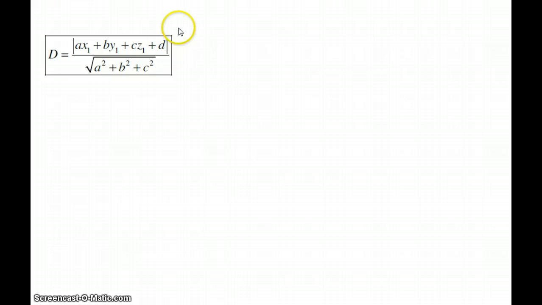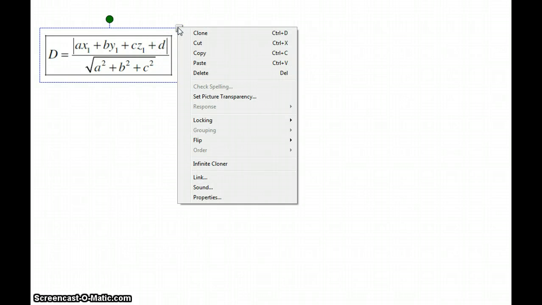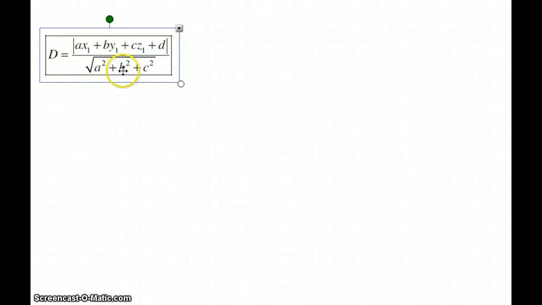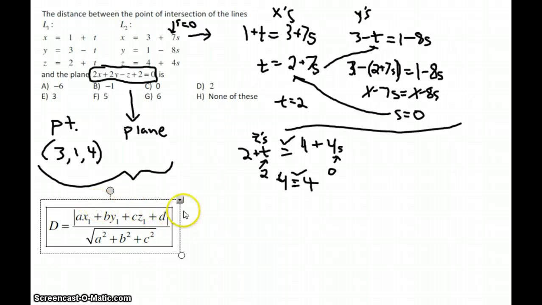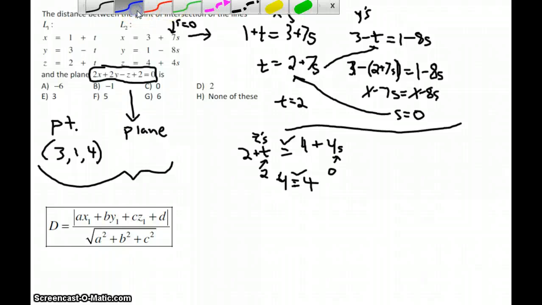You can plug the A, B, C, and D from the plane, and the x1, y1, z1 from the point, into this formula, and you'll get the value of your distance d. Okay, so let's go ahead and do that.